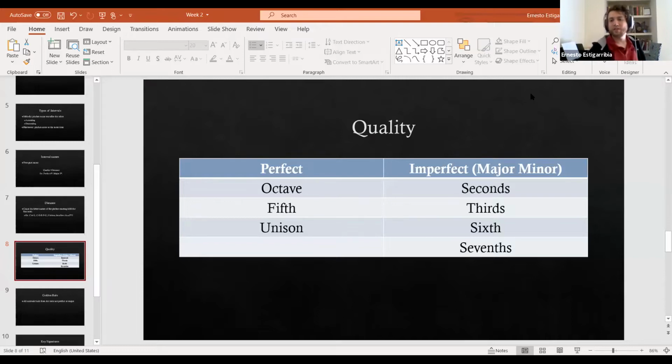Who has the answer to the first measure? Can I see any hands up? The first measure is quite easy. Clara, tell us. Unison perfect. Yeah, so it will be the other way around. Perfect unison. Perfect is an adjective. Excellent.